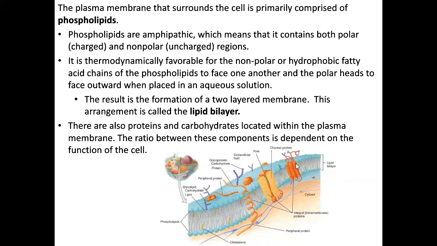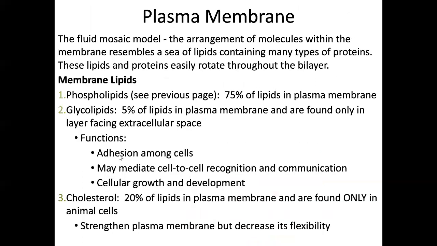Proteins like this one here and this one here. You'll find glycoproteins where a carbohydrate's attached to a protein. Now the ratio between these components, the amount of proteins and the amount of carbohydrates, depend upon the overall function of the cell. All right, let's talk about the specifics and what actually makes up the plasma membrane.